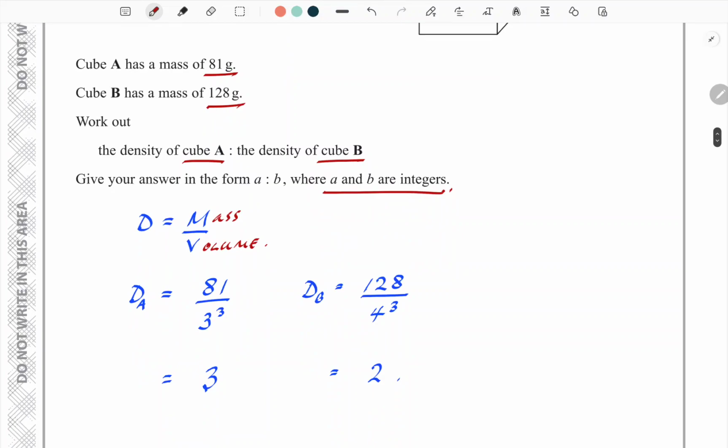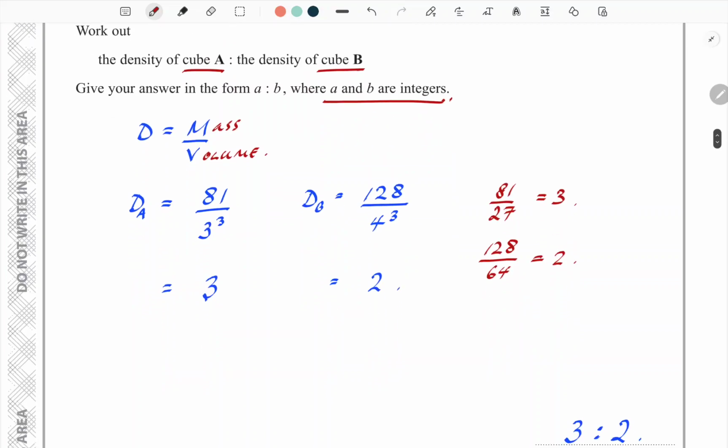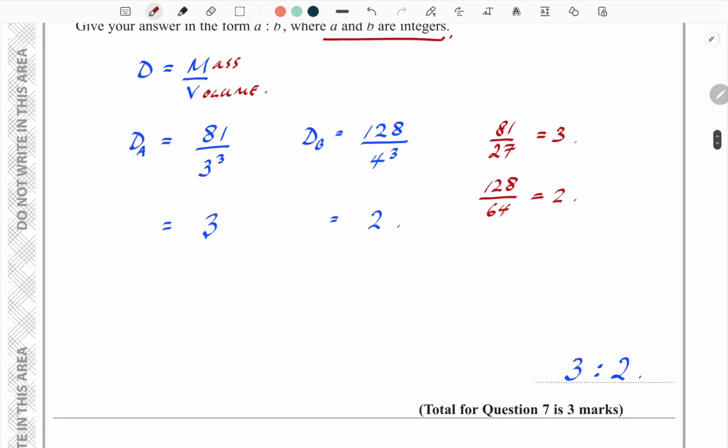If you work it out, 81 over 27 equals 3, and 128 over 4 cubed, which is 64, is 2. So the ratio of the densities is 3 to 2. Fairly simple.